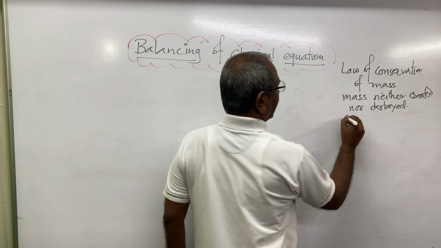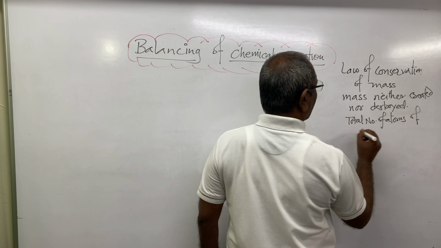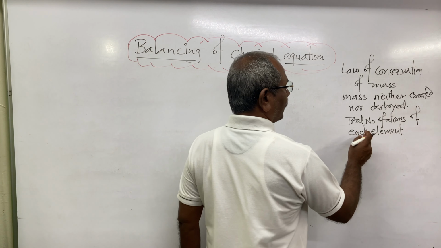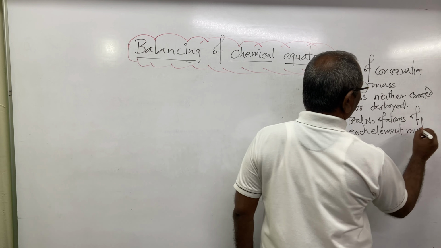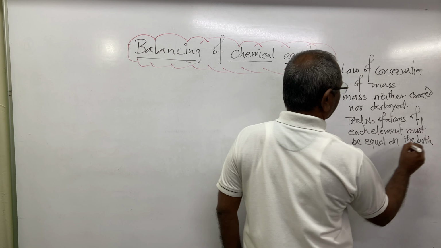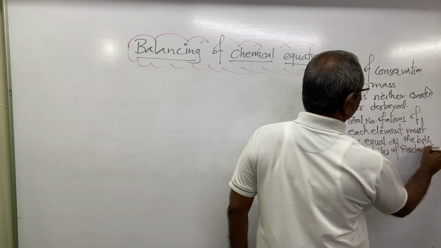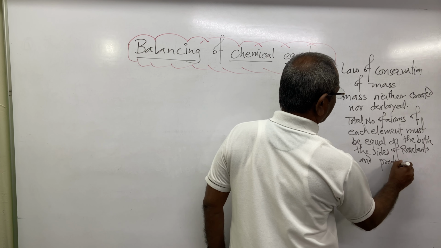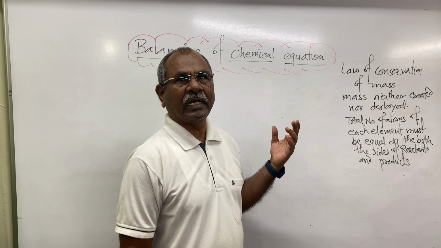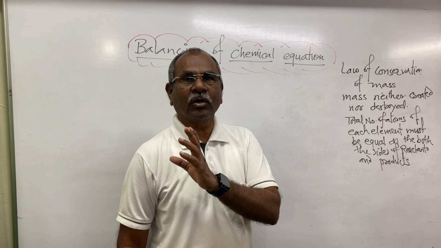That means the total number of atoms of each element must be equal on both the sides of reactants and products. So whatever the number of atoms present in a given chemical reaction, they must be balanced. The number of atoms of reactants equal to the number of atoms of products.